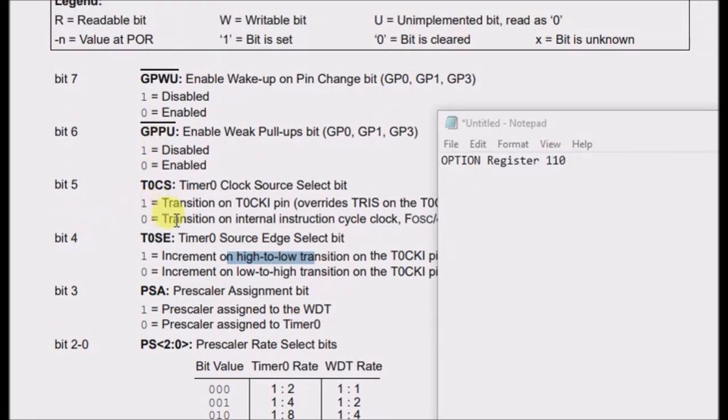However, if we're using the internal clock and not using GP2 as a clocking pin, then it probably doesn't matter what you put for bit 4. It could be anything, really. So it probably doesn't matter.